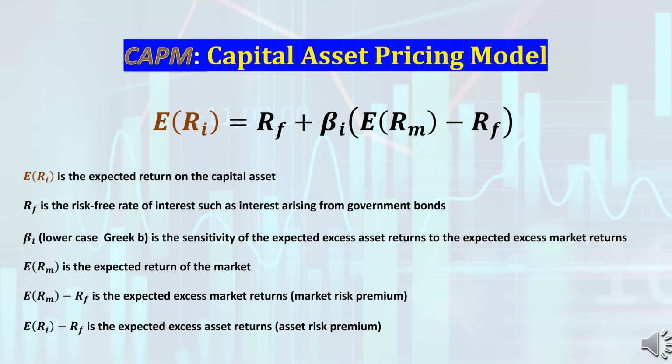E with respect to R sub M minus R sub F, or the expected market rate minus the risk-free rate, is the expected excess market return, sometimes known as the market risk premium. The expected asset rate minus the risk-free rate is the expected excess asset returns, sometimes known as the asset risk premium.